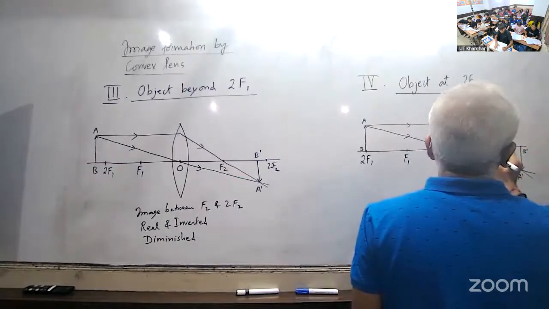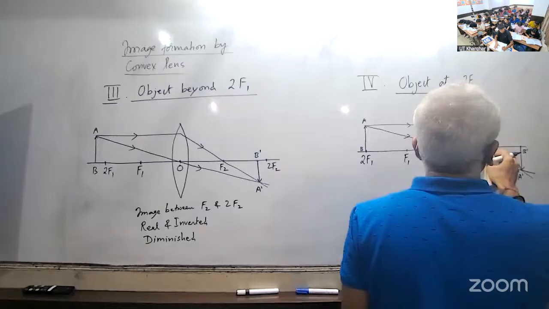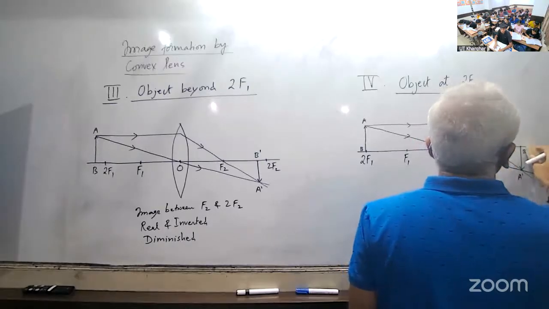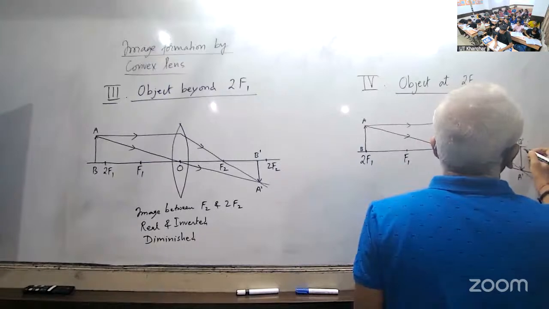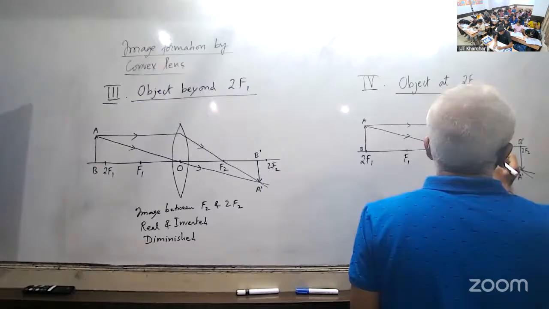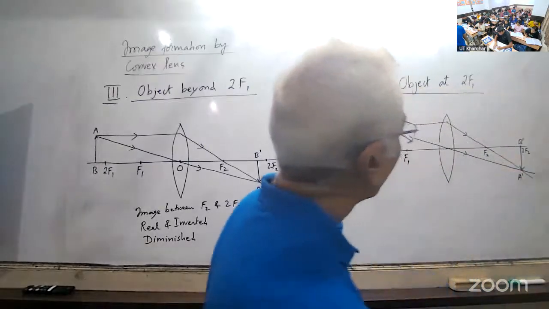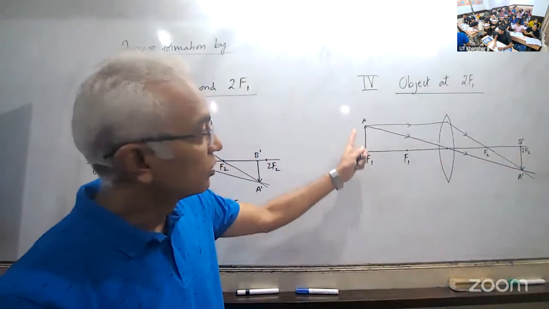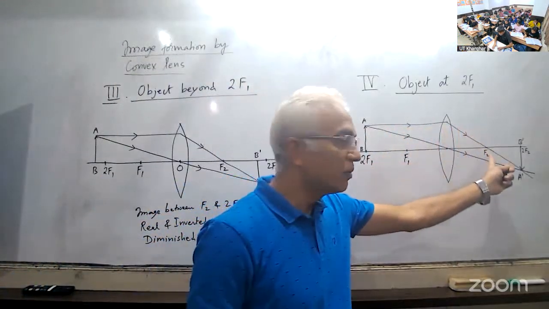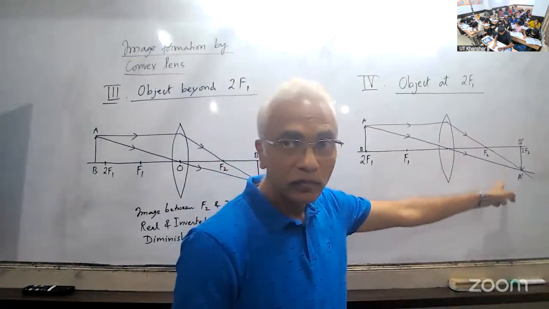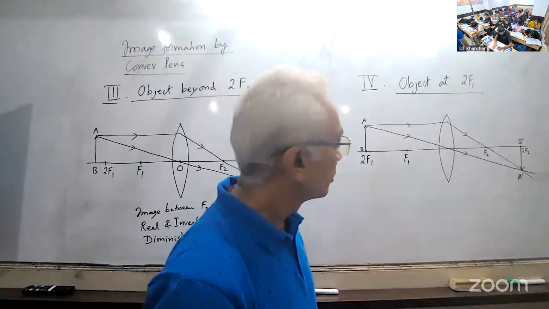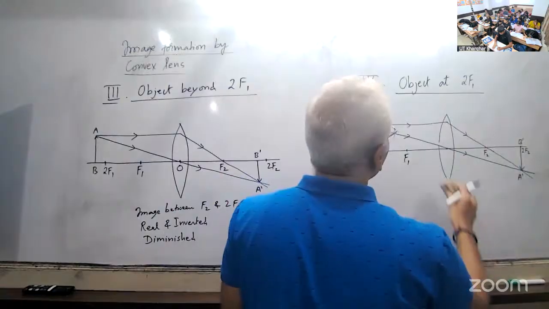This is f2. Good. So you have to be careful. The parallel ray has to pass through f2 and also be below 2f2. Okay. So with some experience, you'll be able to draw it.